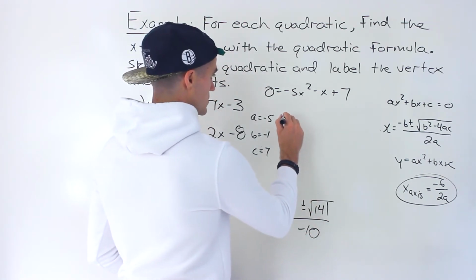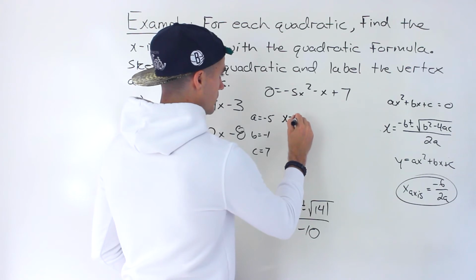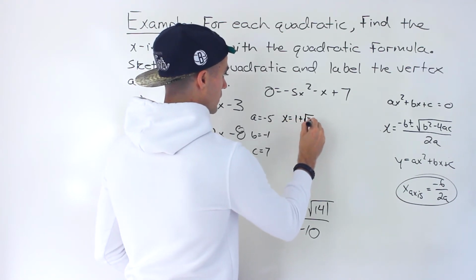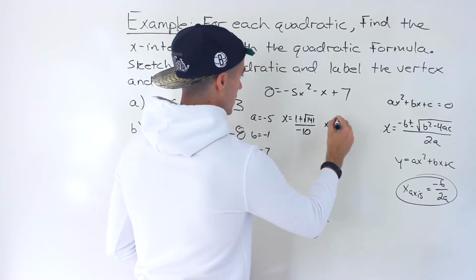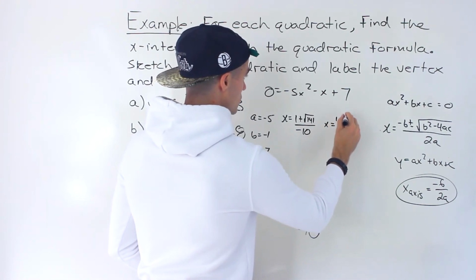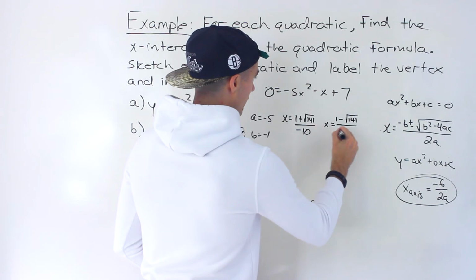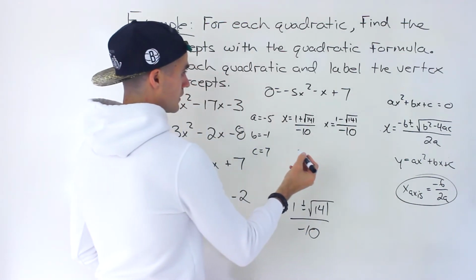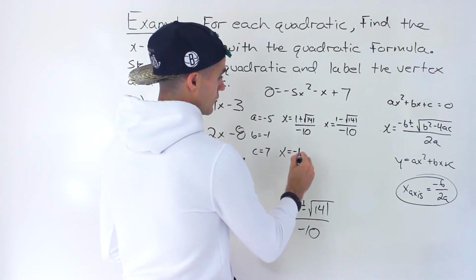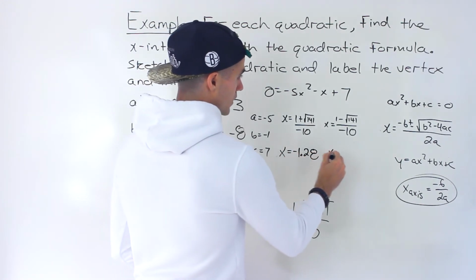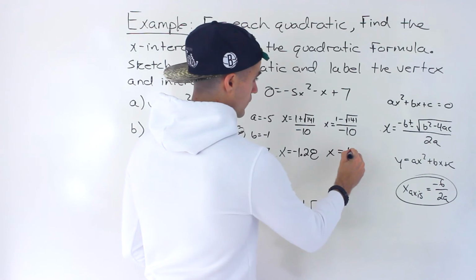I'm going to get the decimals though, so x can either be 1 plus root 141 over negative 10, or x can be 1 minus root 141 over negative 10. And then the two decimal values, we'd get negative 1.28 over here, and over here we'd get positive 1.08.